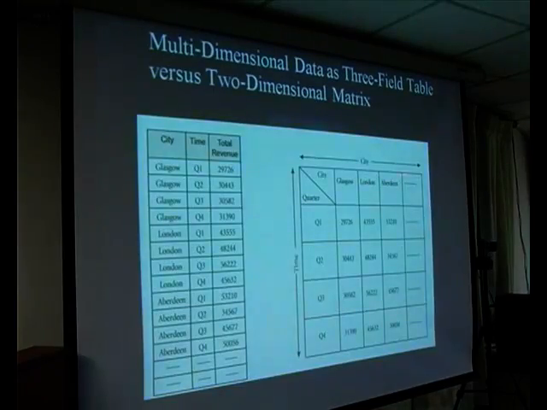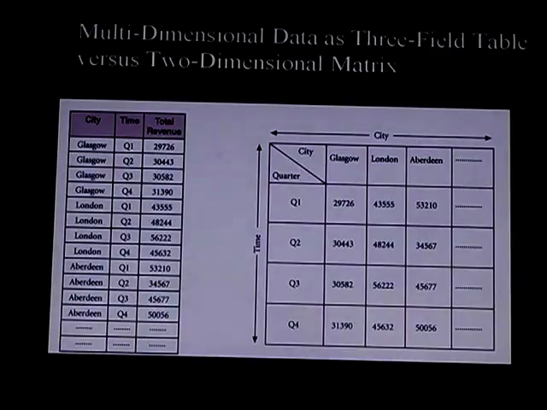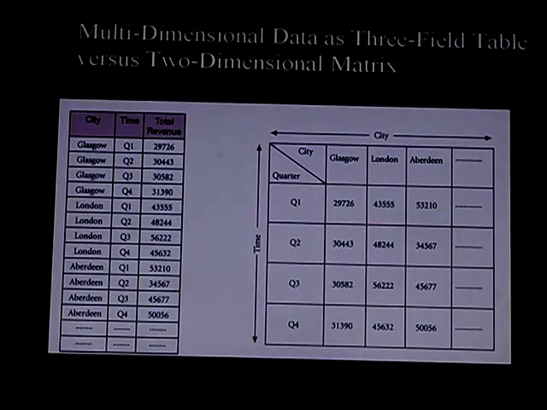Glasgow, London, etc. are the headings for city. Then if you take the combination of these for the time dimension, we get a revenue. So the cell value says the total revenue in the city London for quarter Q1. Similarly, the cell value 45677 is the total revenue in this city for quarter number 3. Here the city is Aberdeen.